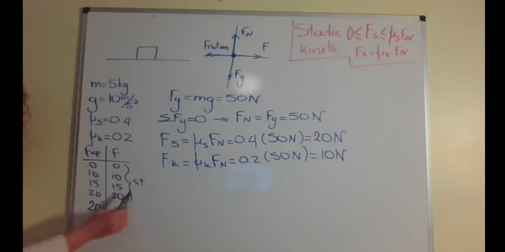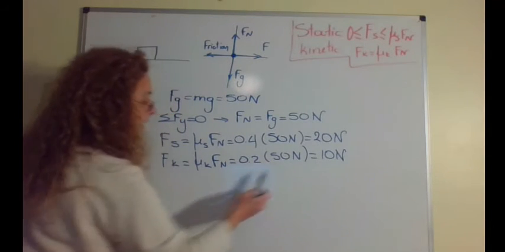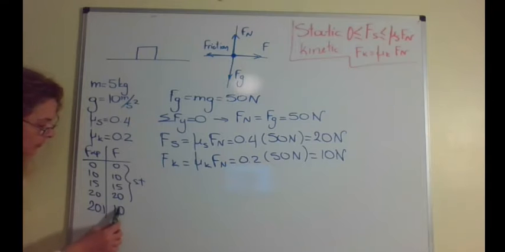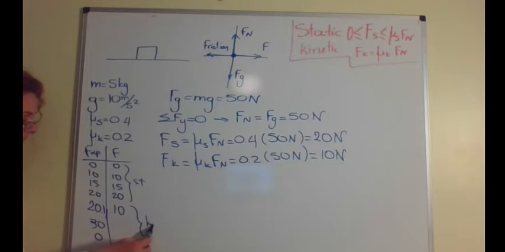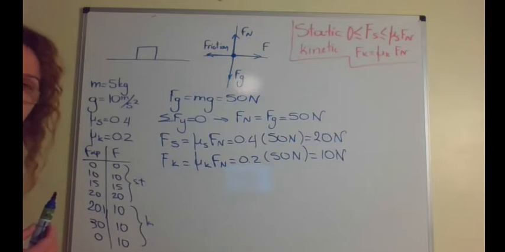It will be kinetic and it will turn automatically to 10 newtons. From that point on, whatever my force is, is it 30? Is it 50? The kinetic friction will stay 10 no matter what my force is. So apparently, if my force is stronger than friction, the object will accelerate, right?